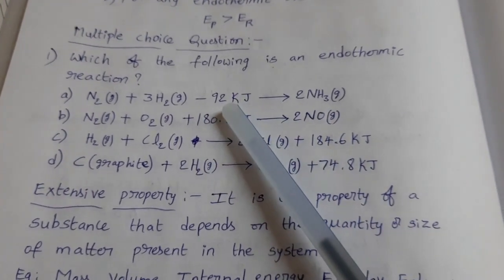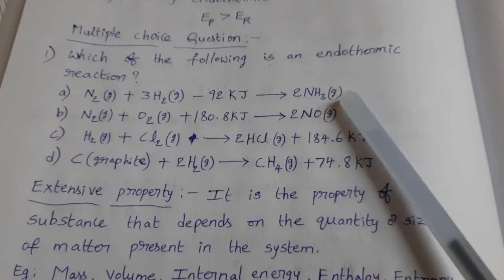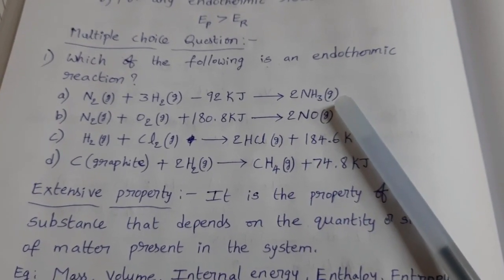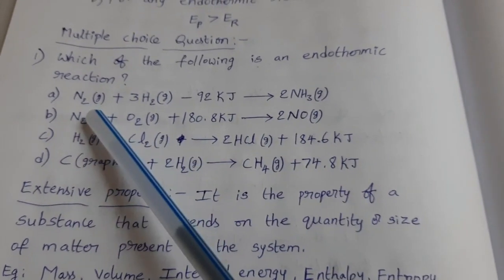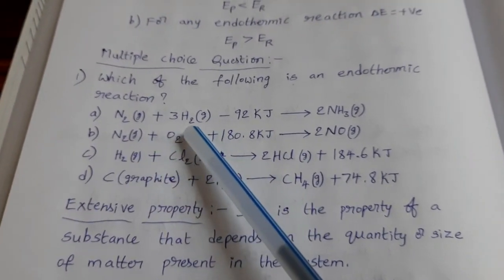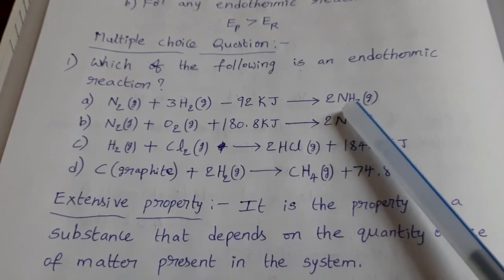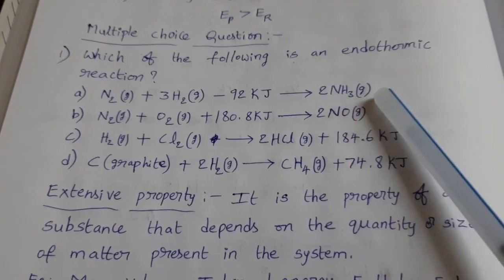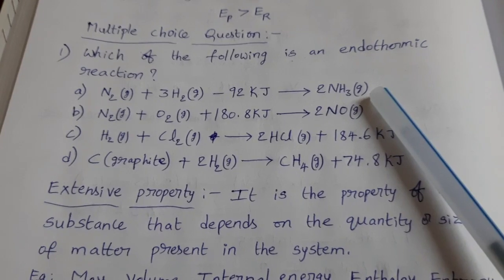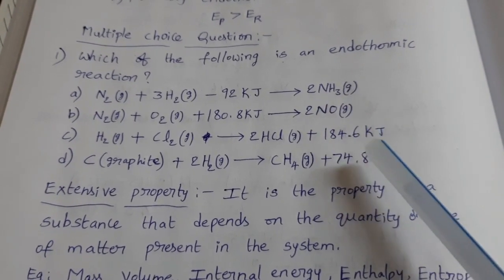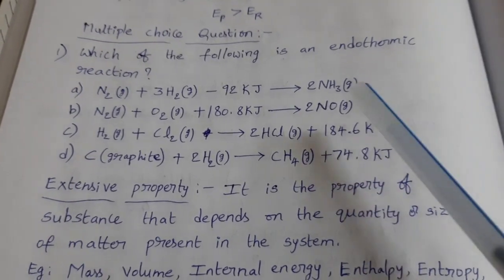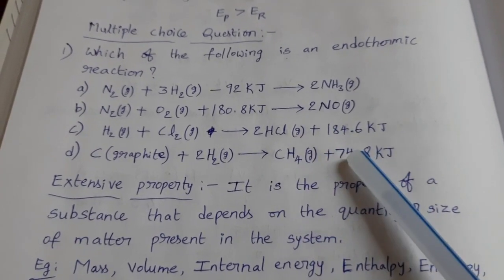Suppose here this negative value, if we write on the product side, it becomes positive, plus 92 kilojoules. That means nitrogen gas reacts with hydrogen gas and produces 2 moles of ammonia and also 92 kilojoules of energy. So option A, C, D, along with the products, heat energy is produced.